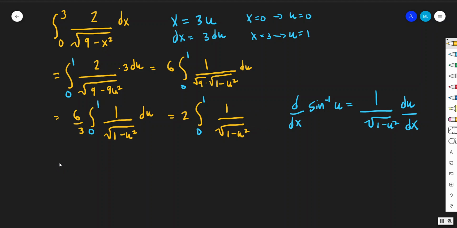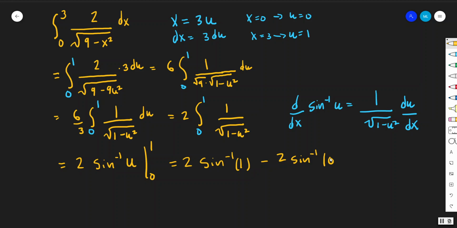So that gives us 2 times sine inverse of u from 0 to 1, which is 2 sine inverse of 1 minus 2 sine inverse of 0. But sine inverse of 1 is pi over 2, so we get 2 times pi over 2, which is just equal to pi. So the answer is just pi.